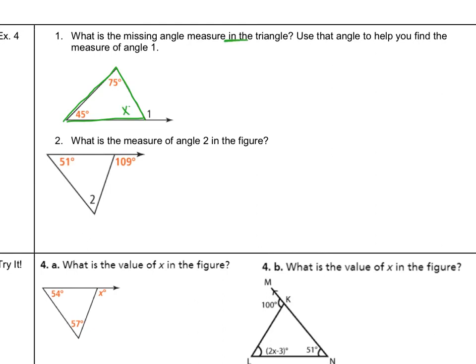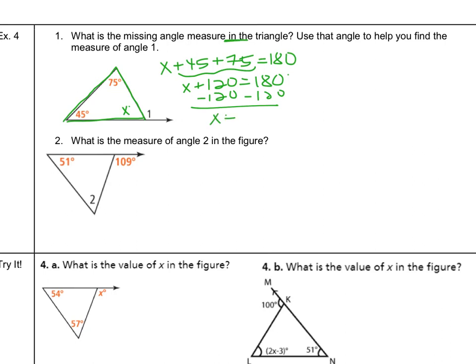Like our last example, if we just add the two measures together with x, they should equal 180 degrees. Now, 45 plus 75 is 120. And if we want to get x by itself, we need to move 120 to the other side. And x would equal 60.